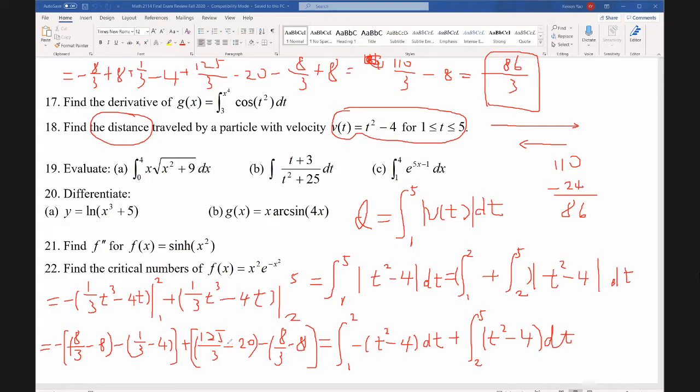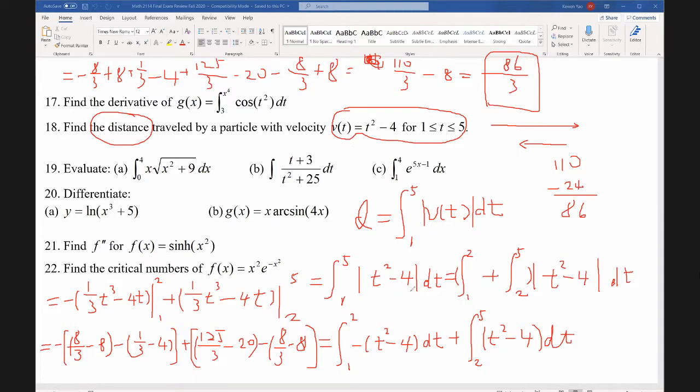Just making sure. Yes, you're right. So the final answer is 86 over 3. You have to circle or box your final answer, right? So we have found the distance traveled by this particle is 86 over 3.